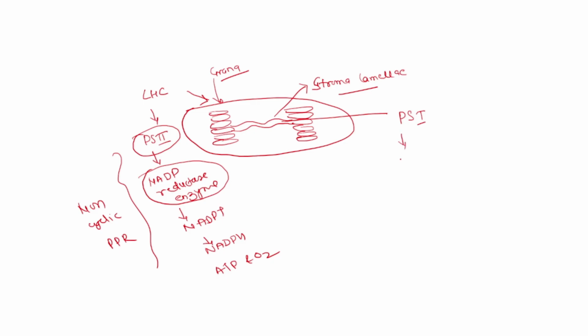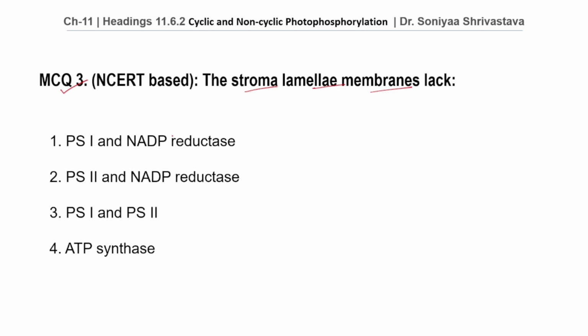That means only the formation of ATP through ATP synthase. That means cyclic photophosphorylation. Coming to our options, option number 1, PS1 and NADP reductase. But PS1 is present in stroma lamellae, therefore this is the wrong option.